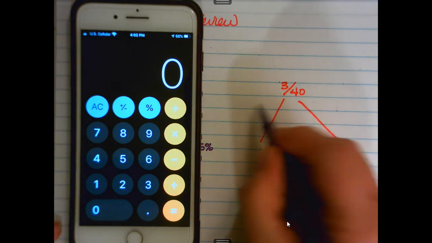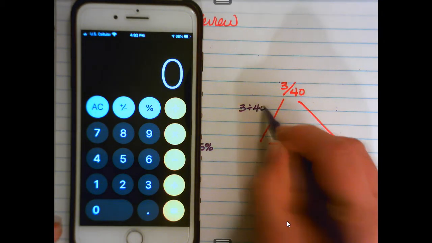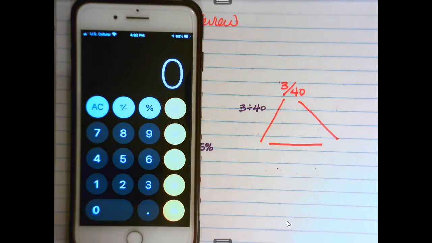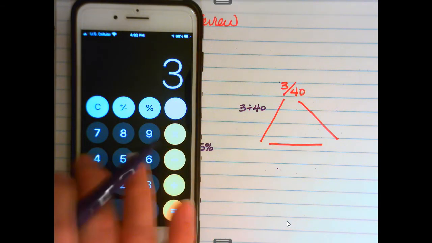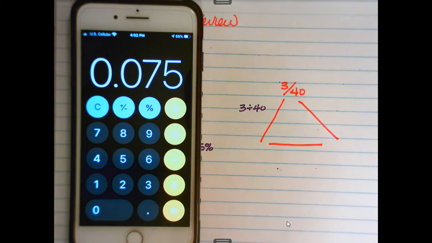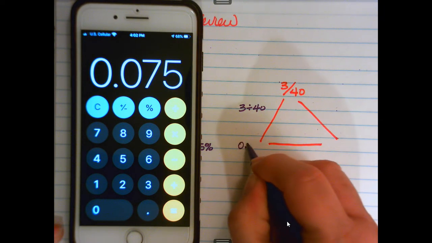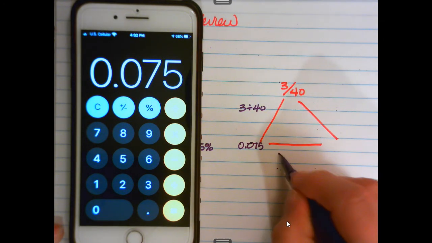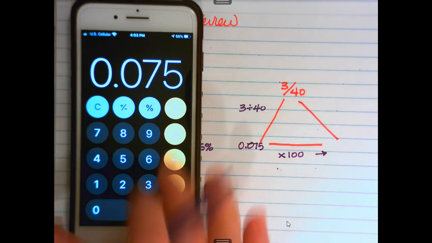And again, one of my mathematically correct ways to do this is to do 3 divided by 40, because that is like a miniature division problem. 3 divided by 40 gives me 0 and 75 hundredths. I multiply that times 100 to get my percent.